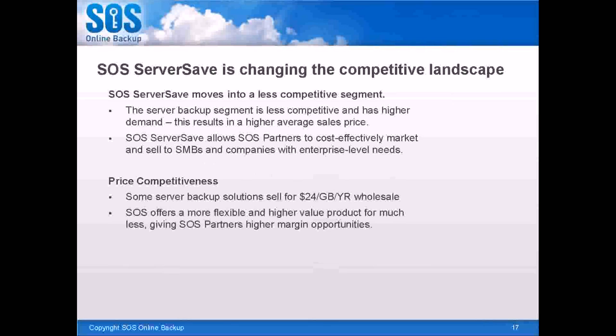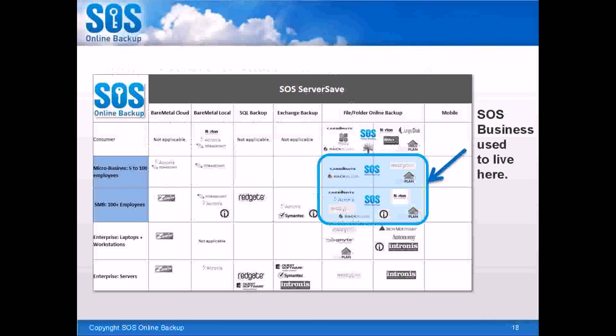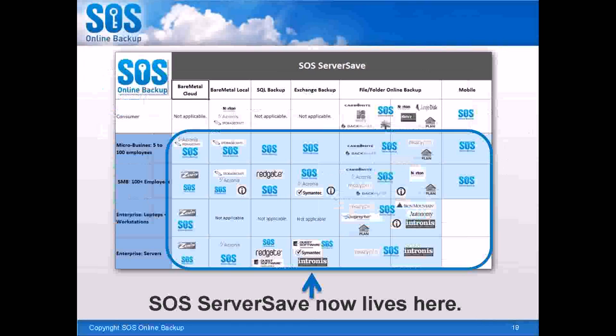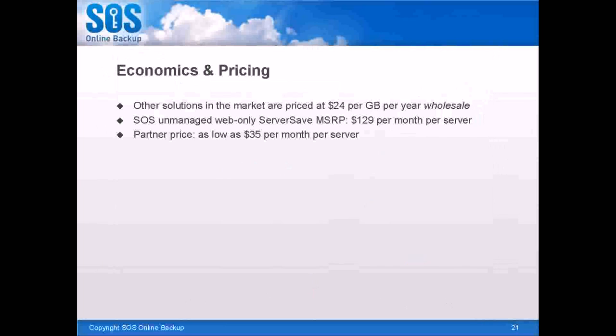This is where we were operating, file and folder online backup. This is where we've gone. And as you see on the left side of the screen, there aren't a whole lot of options. And what you also noticed is that there really isn't anyone who has their name in every box like we do. So it's really nice to see that we can do that.